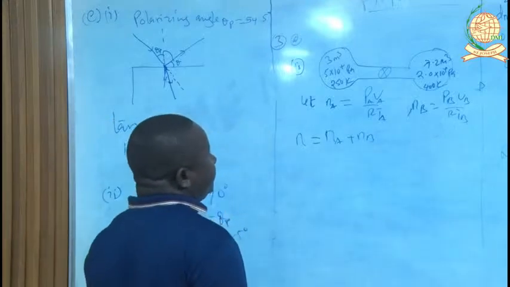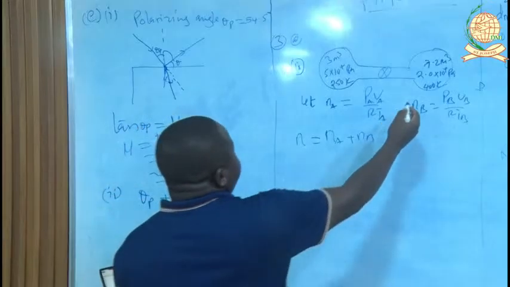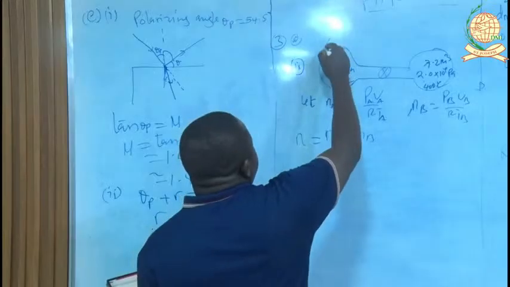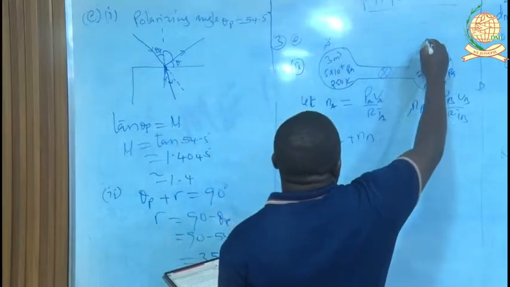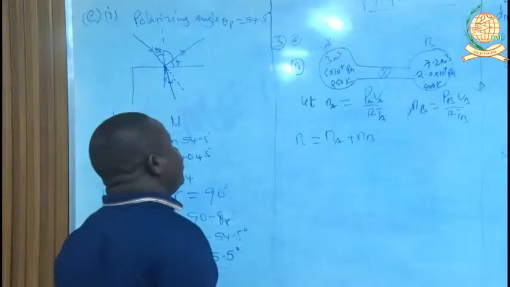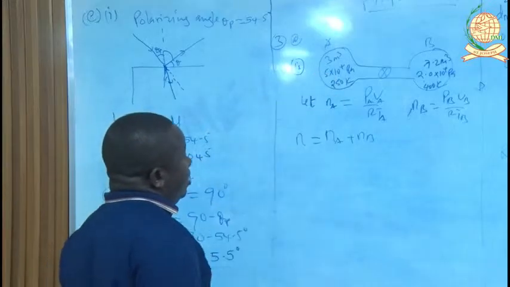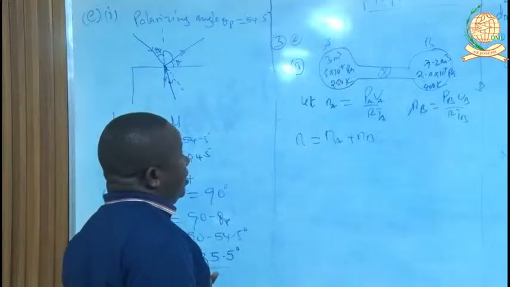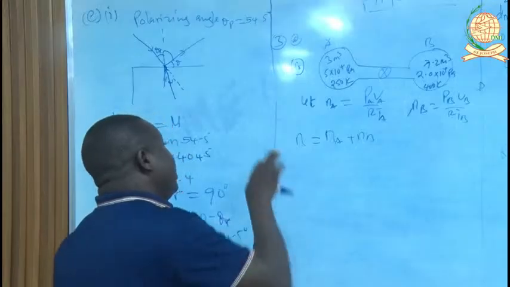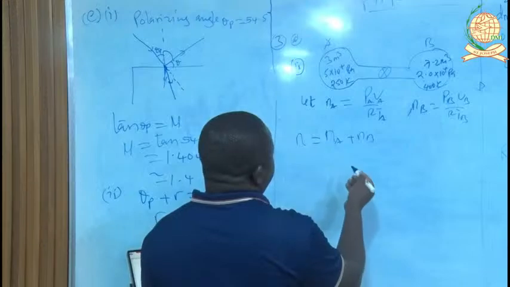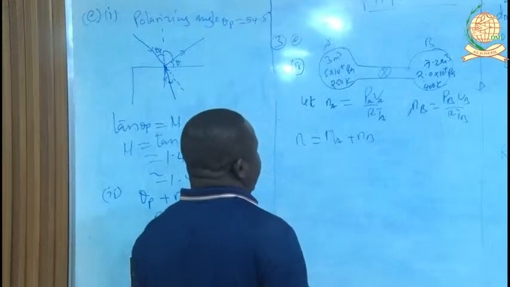After opening, because this pressure is low compared to this one, some of the molecules from container A will move to container B until equilibrium is reached. That means the total pressure is the same. Therefore, no more molecules will be moving to container B. So what will be a new number will be N2.